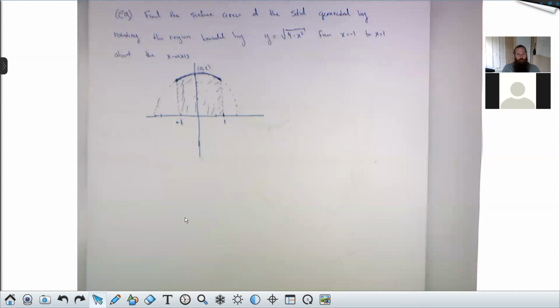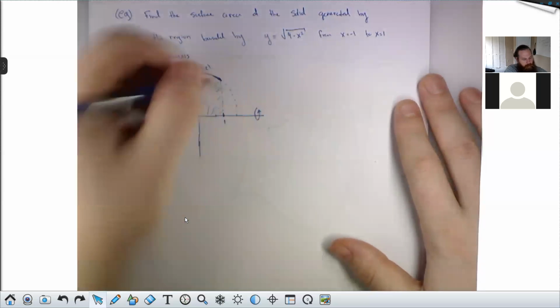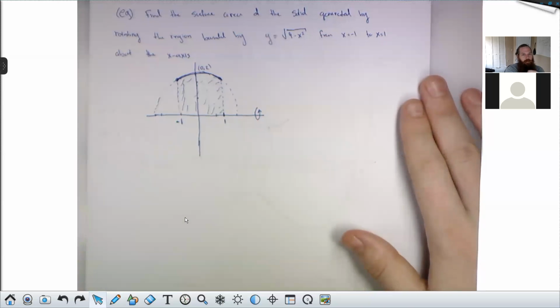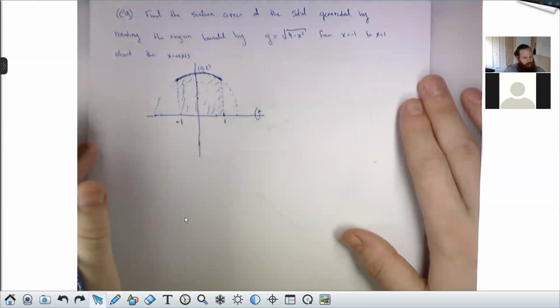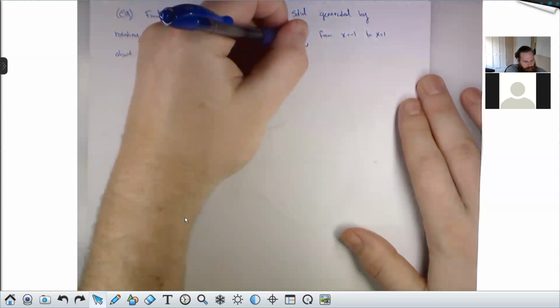When I rotate that region, what I'm going to get is going to look kind of like a fat wedding band. Can you guys all picture that solid? If I rotate that shaded region about like this. Okay. So here's my function f of x.